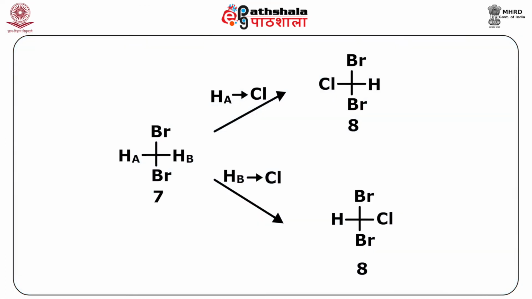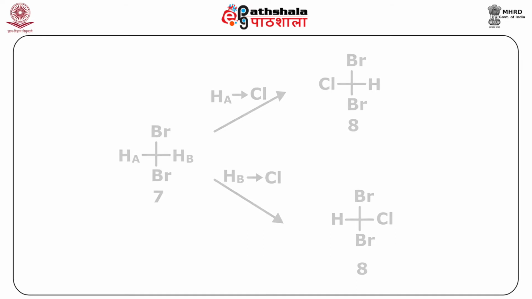Two hydrogen atoms of methylene bromide, structure number 7, are homotopic because replacement of either by chlorine gives the same dibromochloromethane. You can see here the homotopic ligands in methylene bromide as an example.